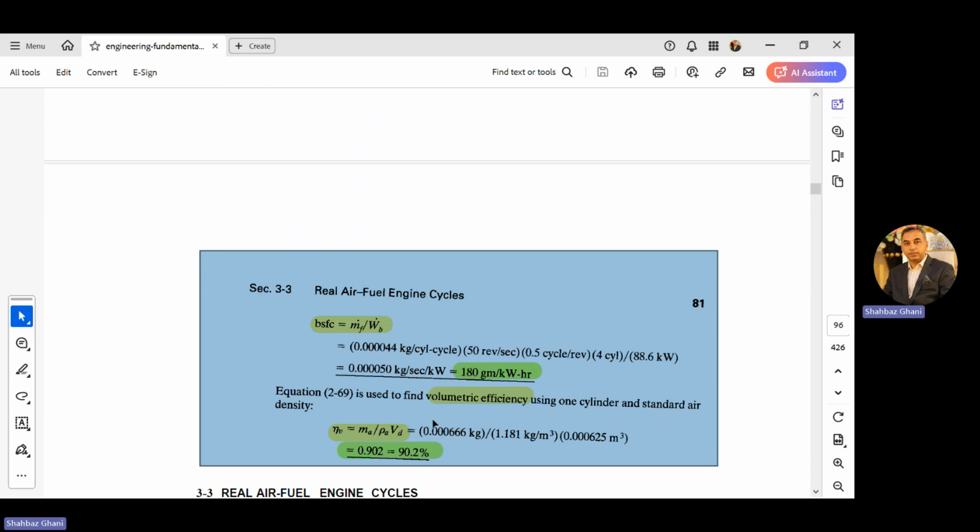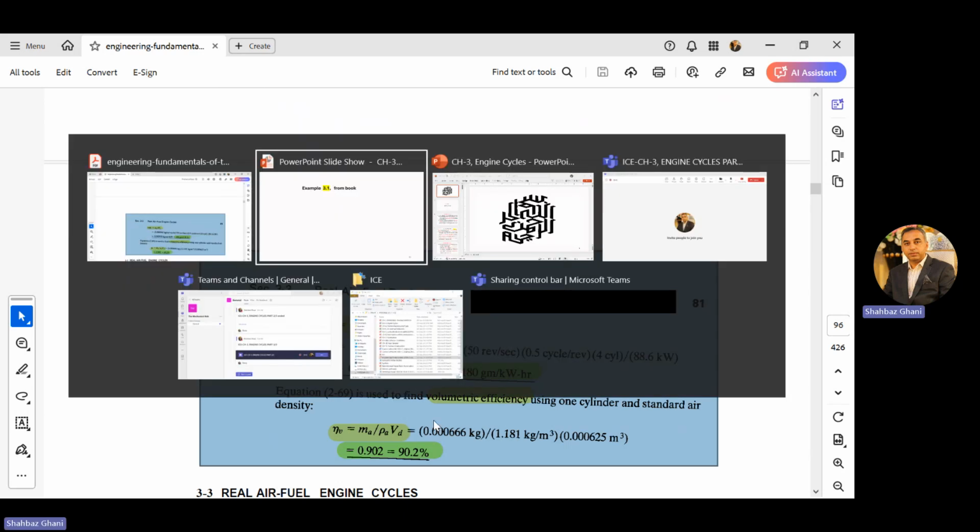So in total, we have calculated 35 different parameters to do the thermal analysis of this engine. So this is how the thermodynamic analysis is done.